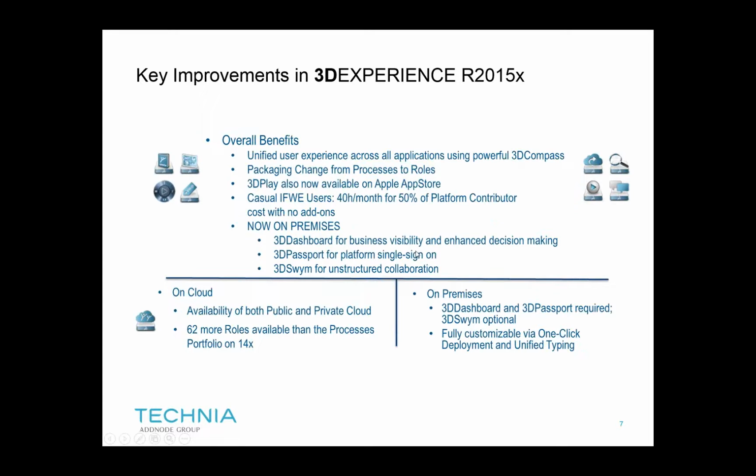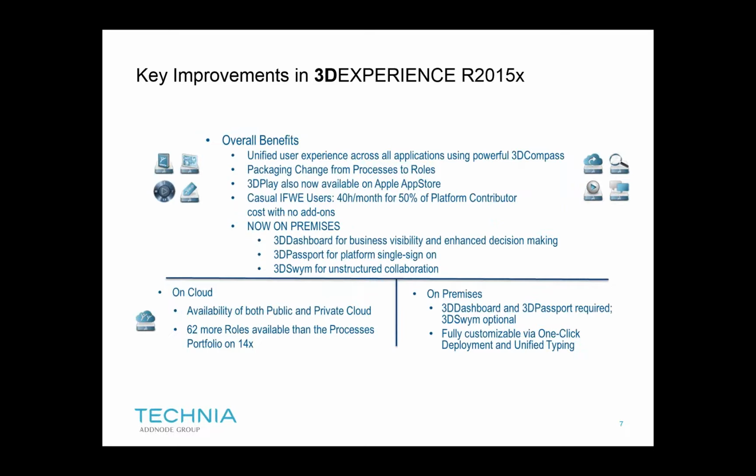And I think one thing is important to highlight here. For an existing Enovia customer, say that you're using Enovia release 2013X from the V6 portfolio, you can, if you want, treat release 2015X as just another Enovia upgrade.